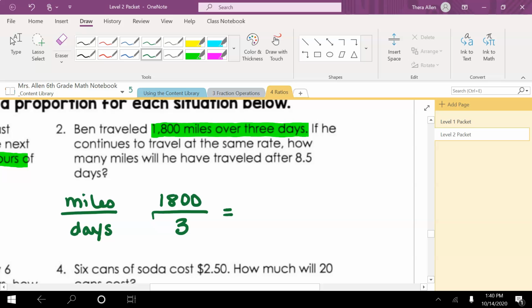If he continues to travel at the same rate, how many miles will he have traveled after 8.5 days? Okay, so that says 8.5 days. I look over here and days is at the bottom. 8.5, and it's wanting to know how many miles. And for this variable, I'm going to put the letter M to represent miles, and that would be our proportion. Once again, we're not solving, we're just setting it up.